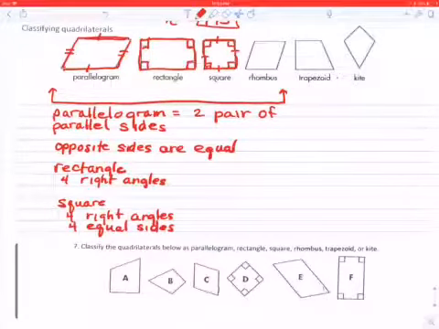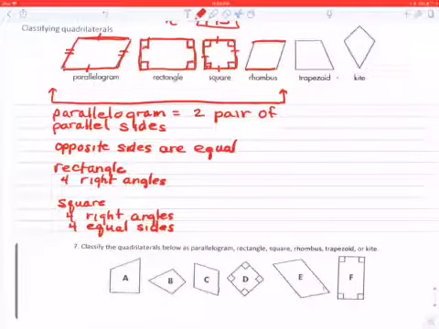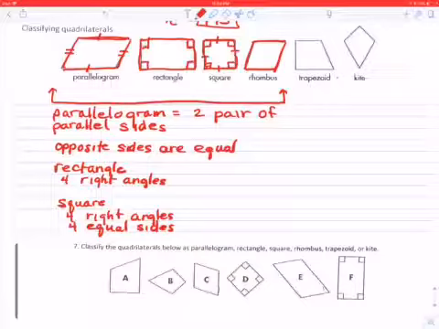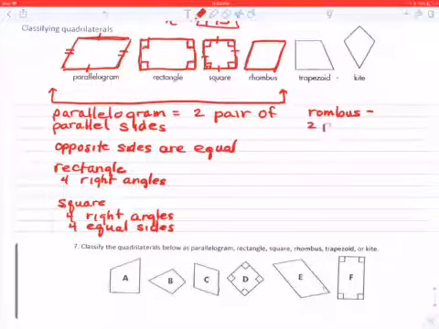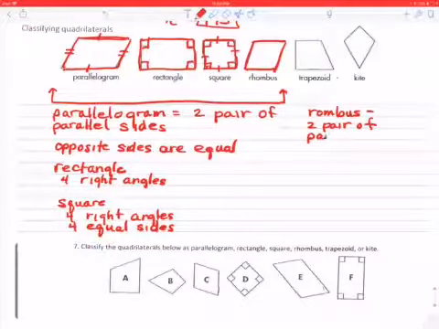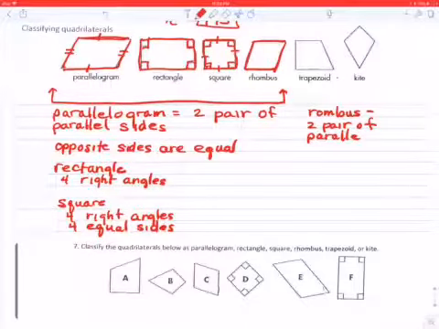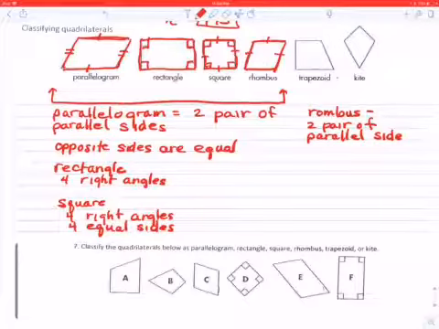Now a rhombus is a parallelogram, two pair of parallel sides, so it is a parallelogram, but what makes it special is all four sides are equal.